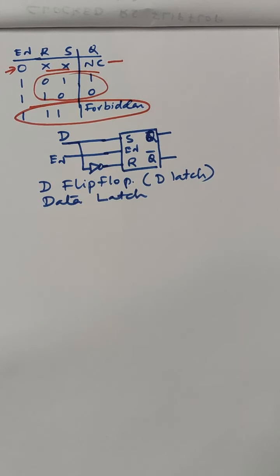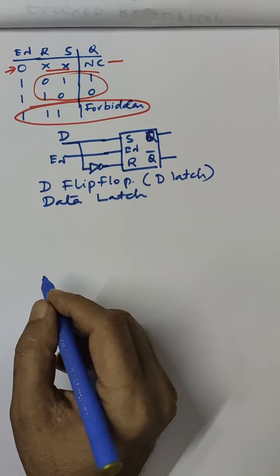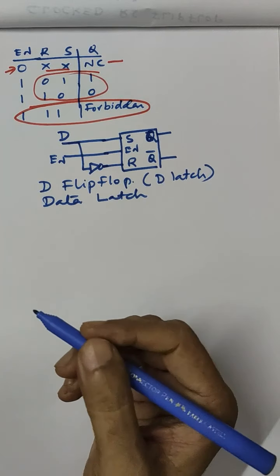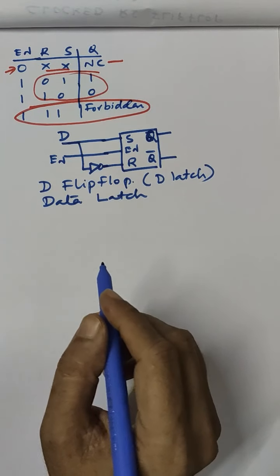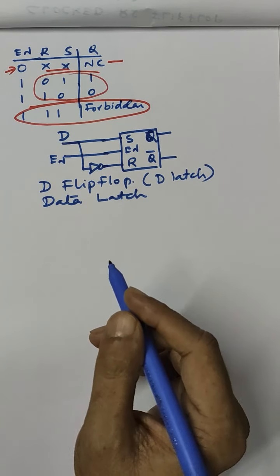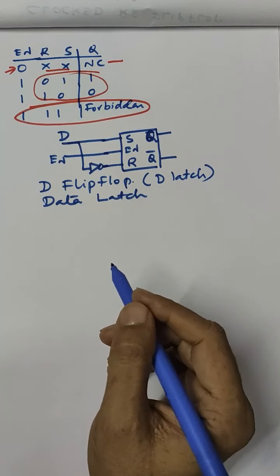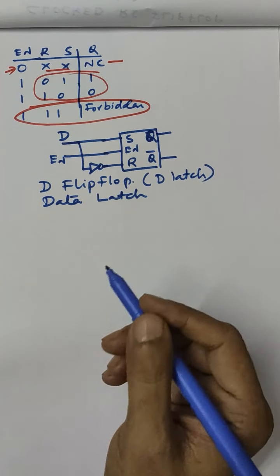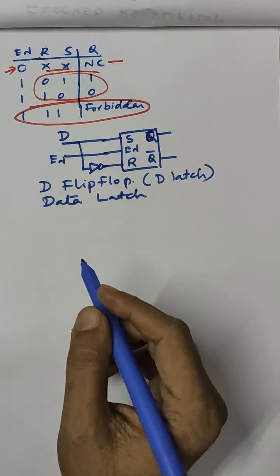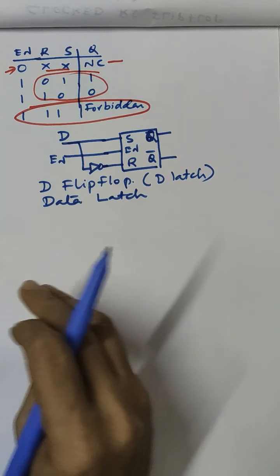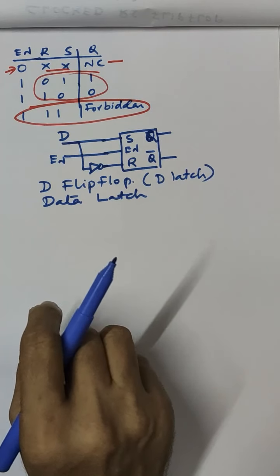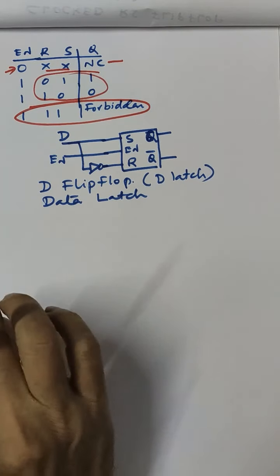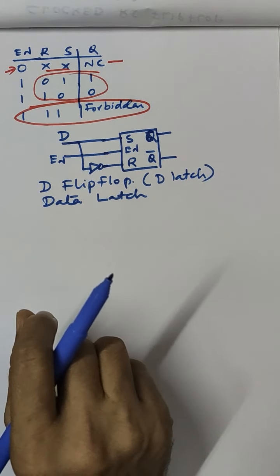So in order to construct a 4-bit register, we have already discussed that a register is actually a combination of flip-flops to store a binary number or data. A binary number can be stored using a number of flip-flops. So an 8-bit register consists of 8 flip-flops, or conveniently 8 D latches.